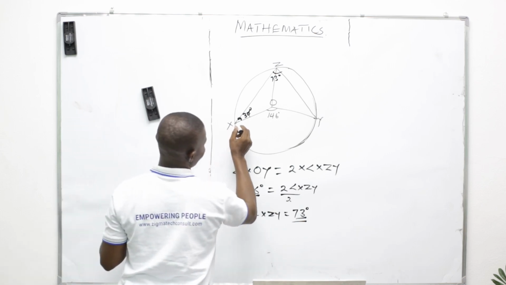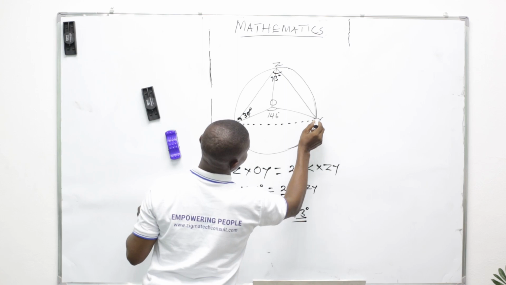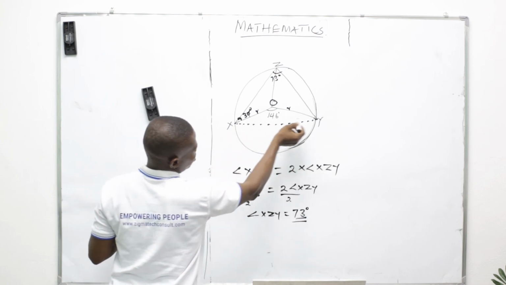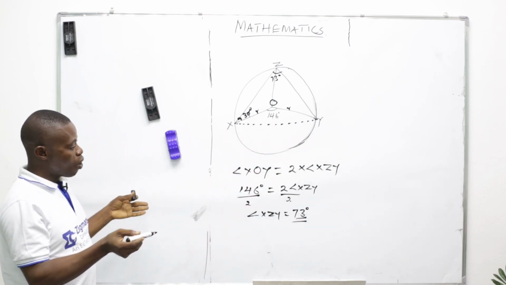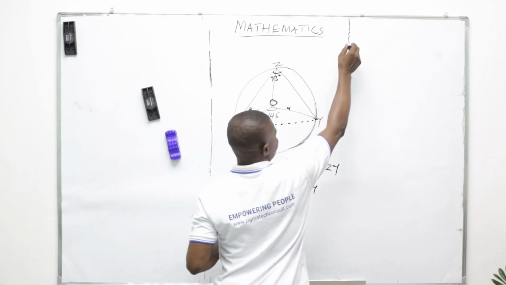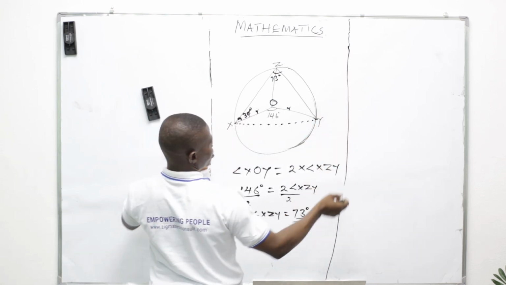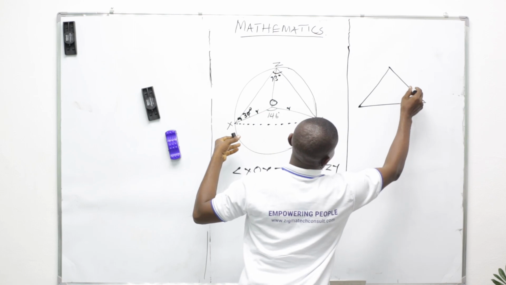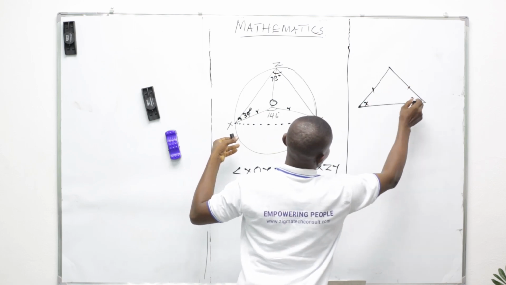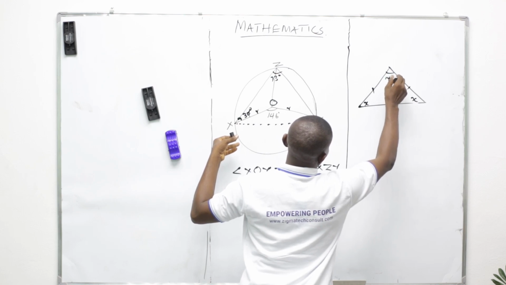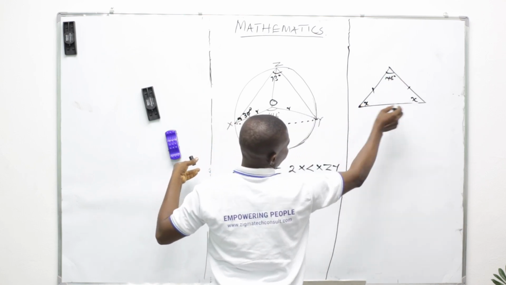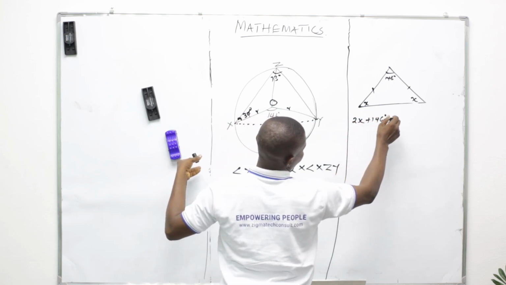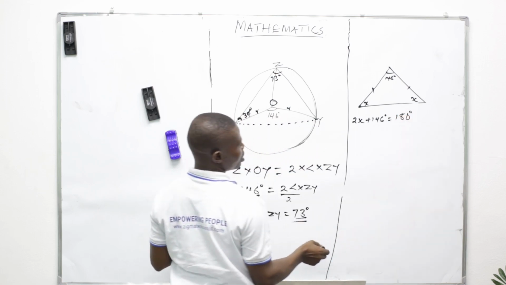If you watch well, you can create something here. Provided here is the center, it means automatically these two sides are equal radii, meaning this is an isosceles triangle. So, creating your isosceles triangle, these base angles are unknown and here is 146 degrees. Base angles of an isosceles triangle are equal, meaning 2s plus 146 equals 180 degrees, angles in a triangle.